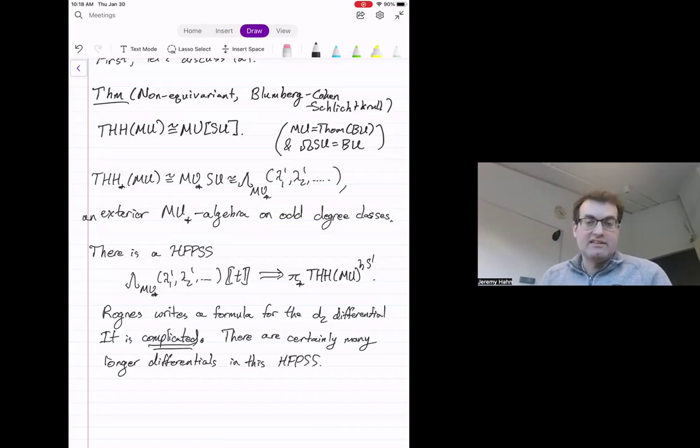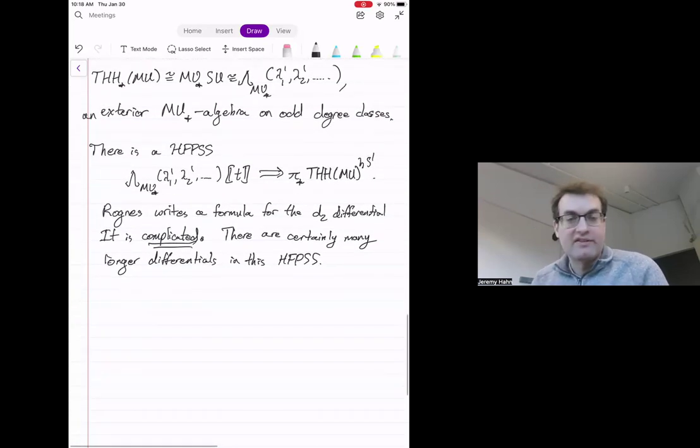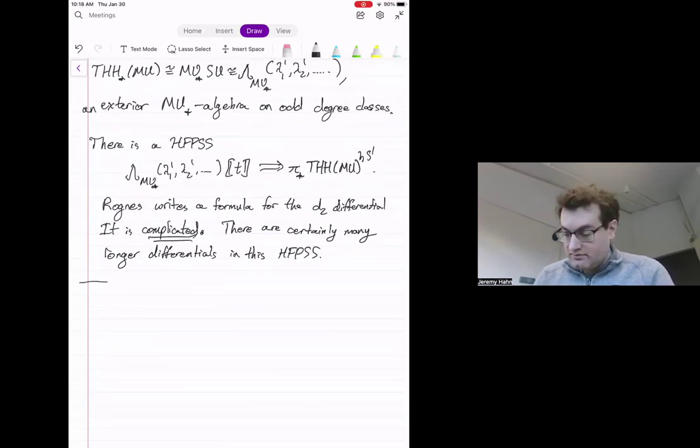So I'm not sure how feasible it is to directly approach this homotopy fixed point spectral sequence. Maybe from this point of view, it's not so clear how you would figure out any kind of formula for the longer differentials, and things will get very complicated very quickly. So I'm going to present a different approach than running a homotopy fixed point spectral sequence. We'll call this the motivic approach.